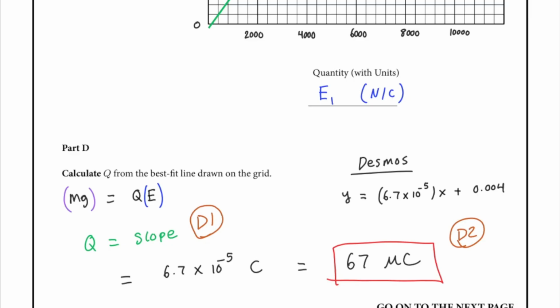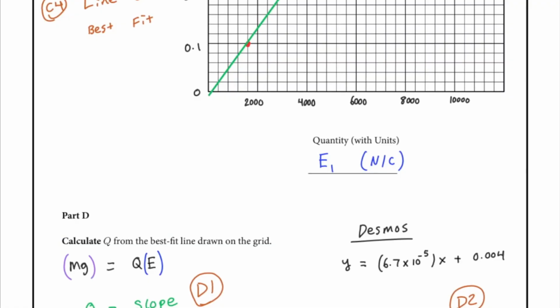That's totally fine. You can only get D2 if your answer is numerically correct, or at least around my answer. So be careful of that. Pretty hard to get D2 without D1, unless you're lucky. If you're just guessing 6-7, that could essentially get you D2 this time, I guess, as long as you know the unit.